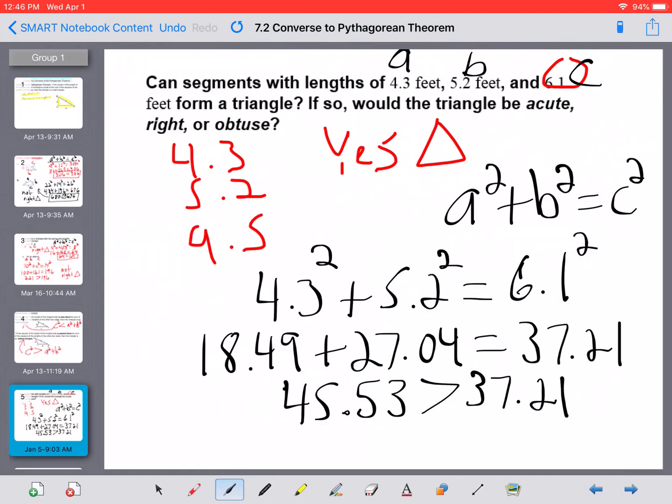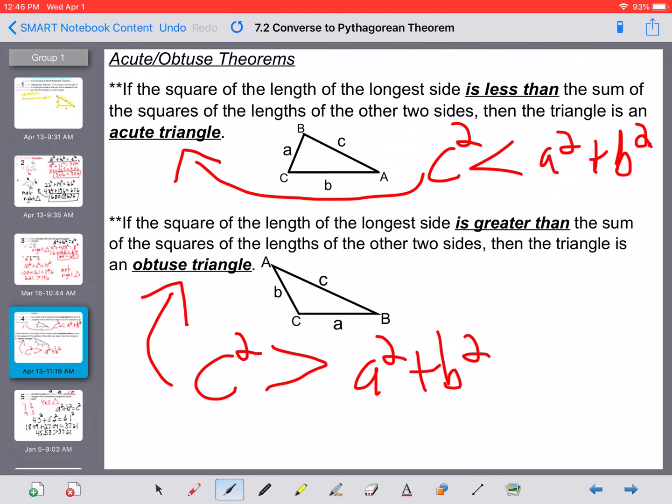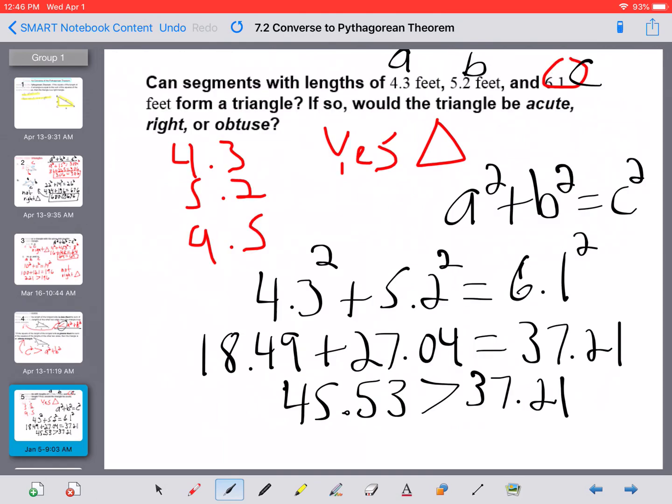So if the hypotenuse squared is less than the other two sides combined, if we go back to our other page, if it is less than, we know that it is an acute triangle. So we'll come back to our side, and since our C squared is less than, we know this is an acute triangle.